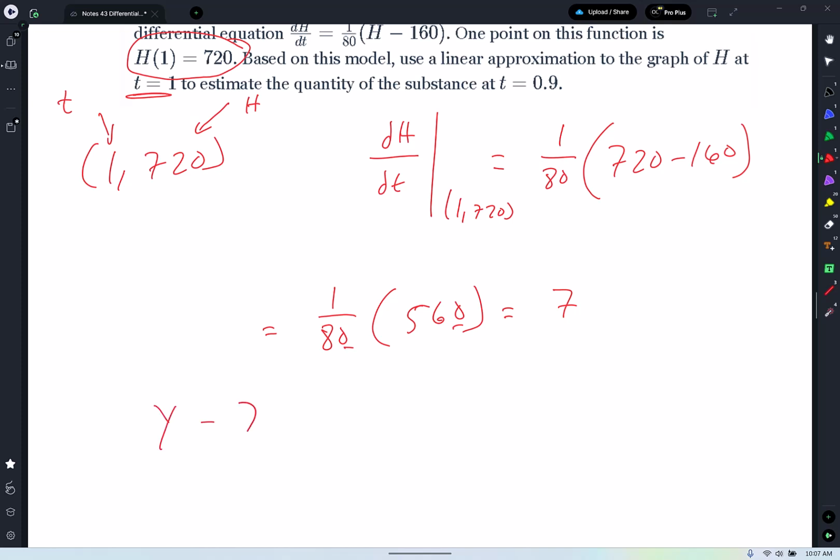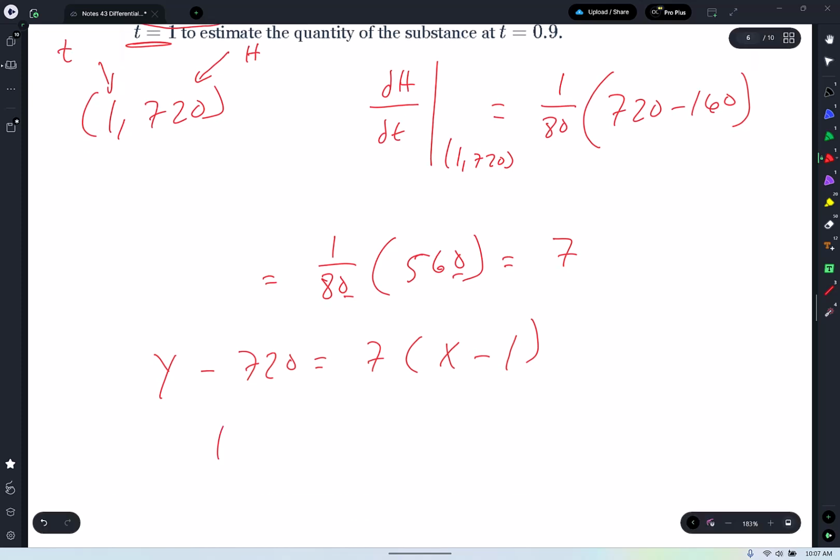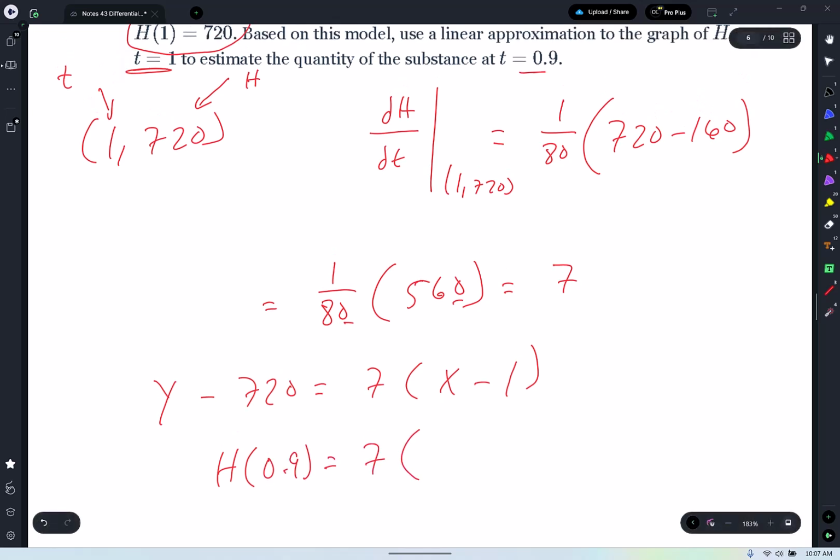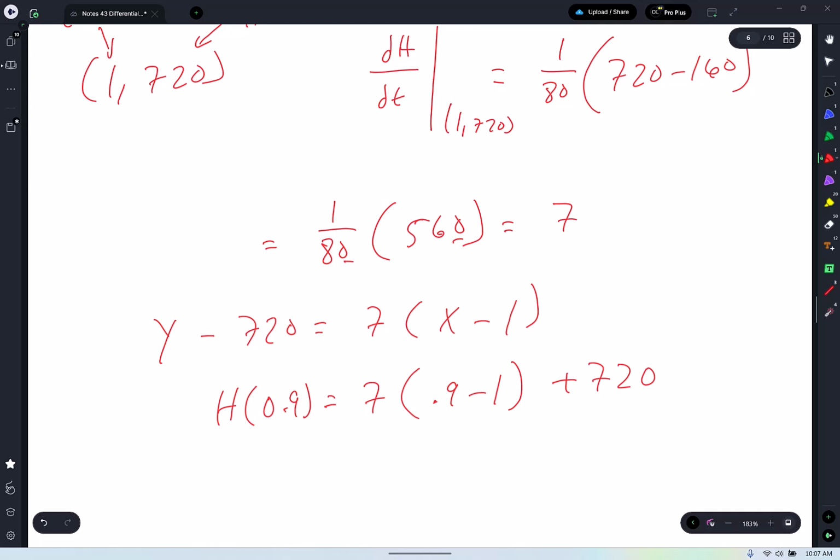h minus 720 equals 7 times (t minus 1). That's a t, and this is an h over here. So I'm going to write h of 0.9 equals 7 times (0.9 minus 1), plus 720. I really shouldn't say equals.